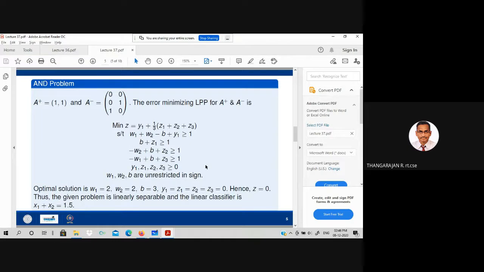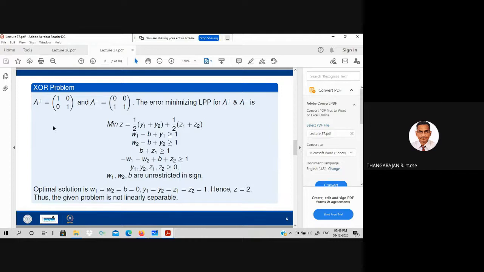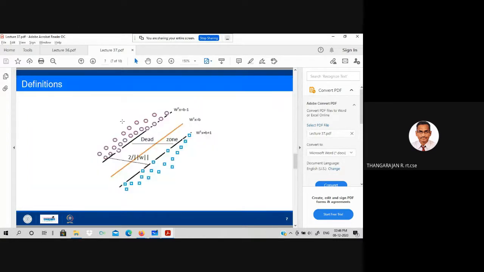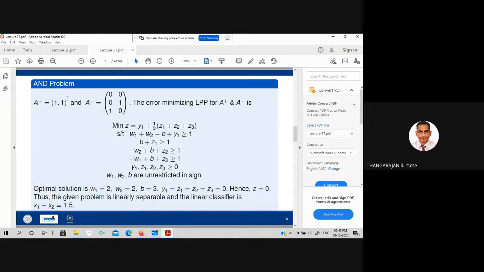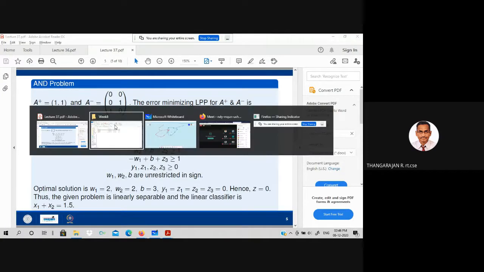Okay, right. Now here we will take the example of the AND problem and the XOR problem. So you know AND and XOR. AND is something like this.